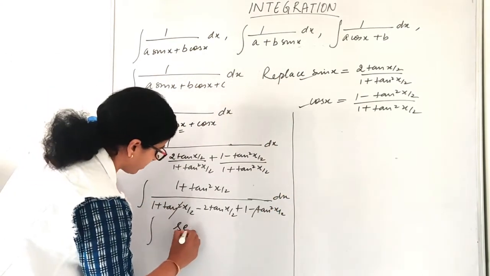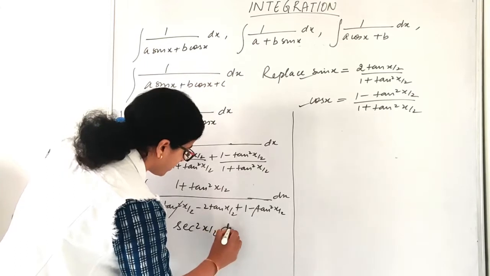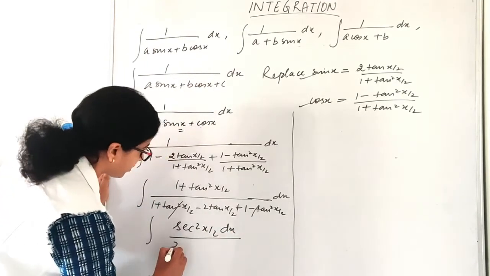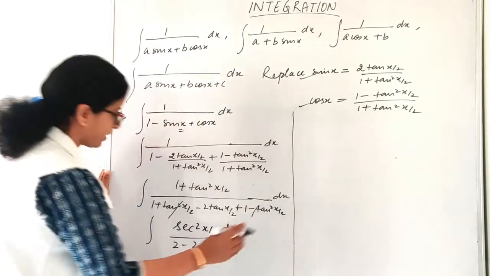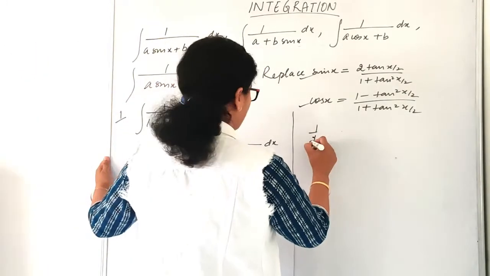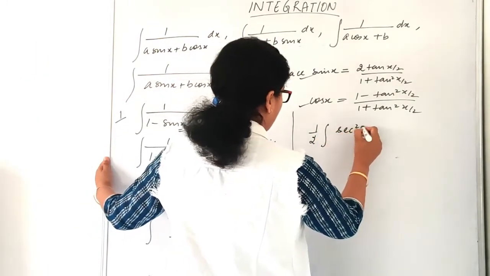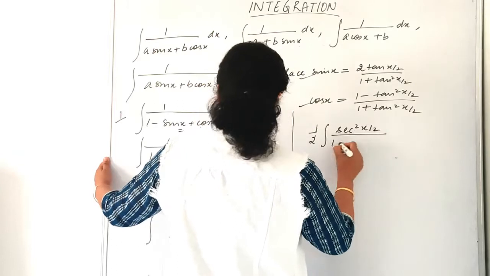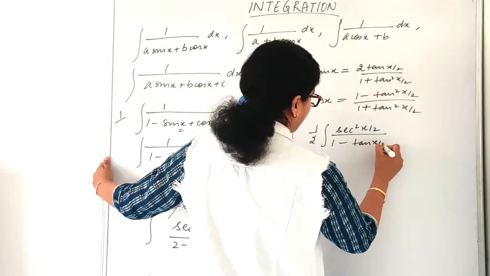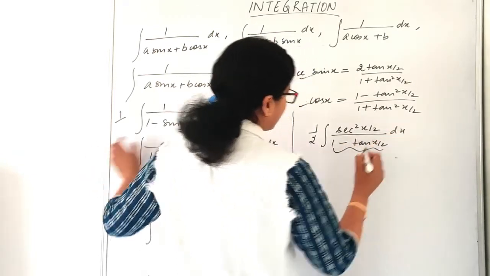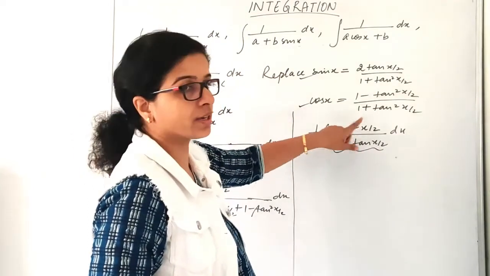So now let us solve it. This will become secant square x by 2 dx upon 2 minus 2 tan x by 2. Take out 2 common. So 1 by 2 secant square x by 2 upon 1 minus tan x by 2 dx. Now if you check, the differential of tan x by 2 is secant square x by 2.